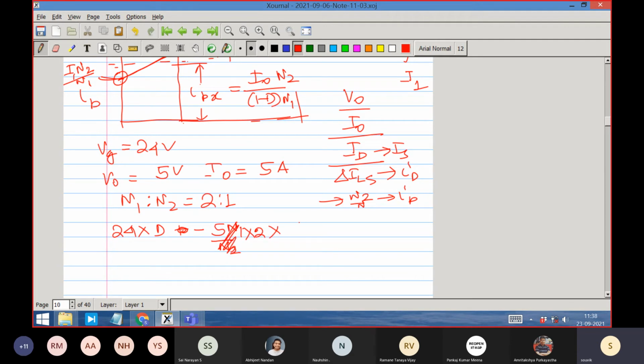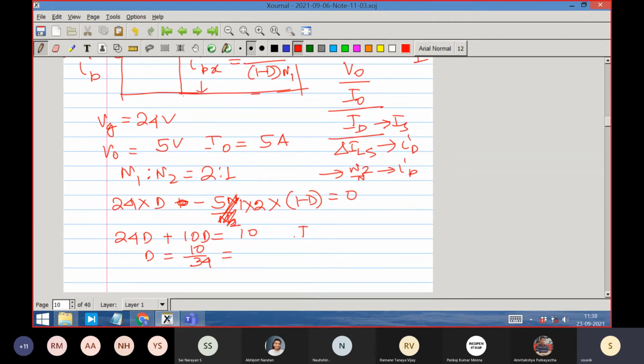So 5 into 2 into 1 minus D is equal to 0. So what are we getting? 24D plus 10D is equal to 10, so 34D is 10, D is equal to 10 by 34, right? Well, let us keep it that way.